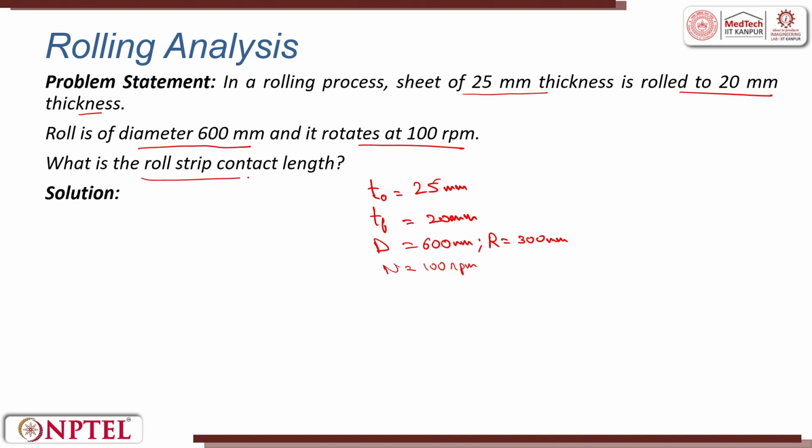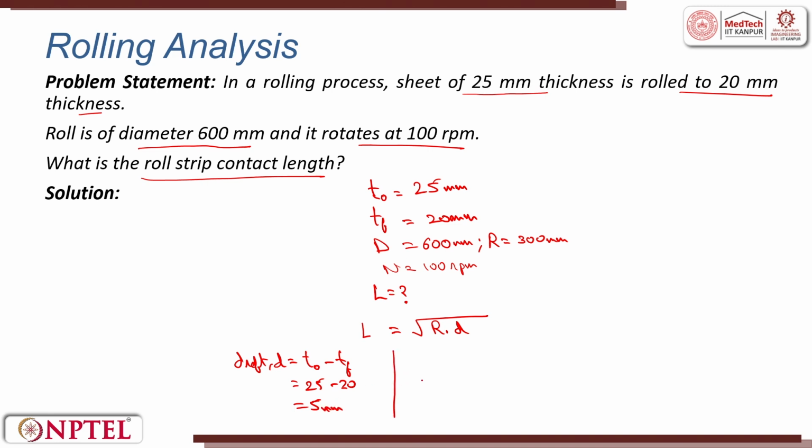What is the roll strip contact length? Contact length L is equal to the square root of R into draft. To find this, let me first find the draft. Draft D is equal to T0 minus Tf, which is 25 minus 20, that is 5 millimeters.